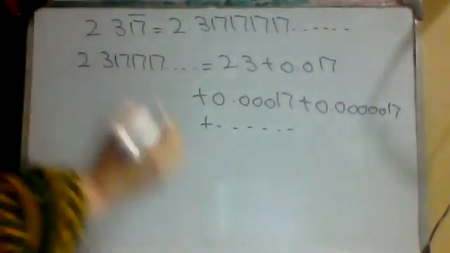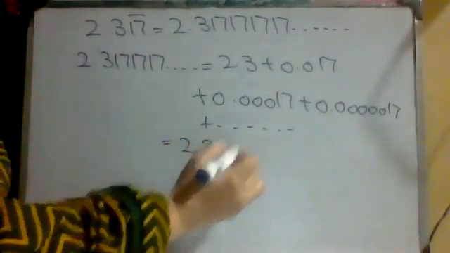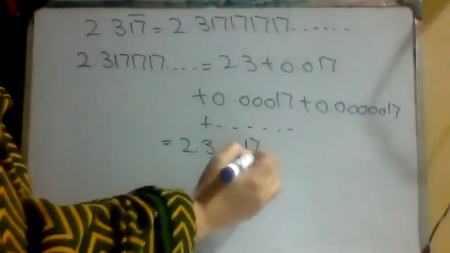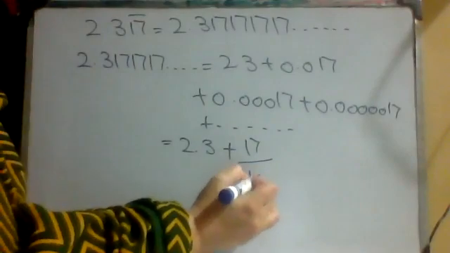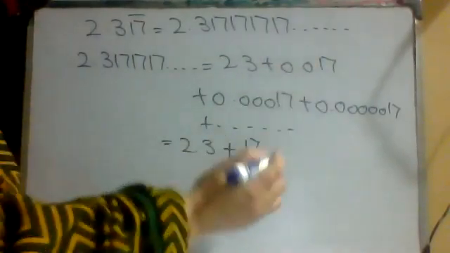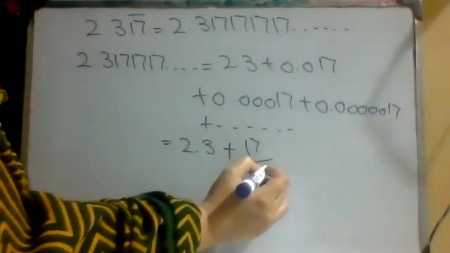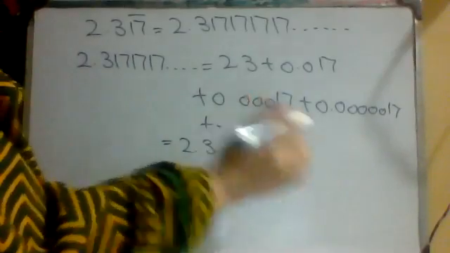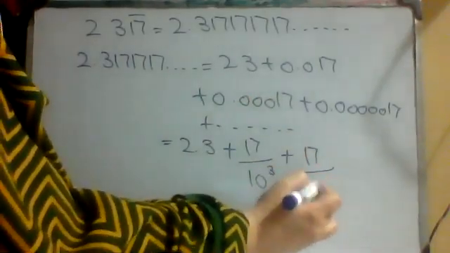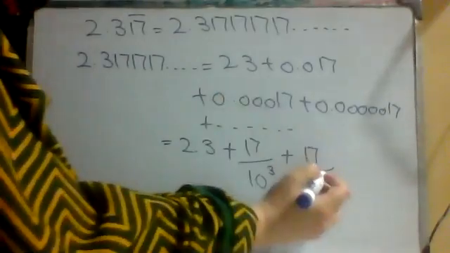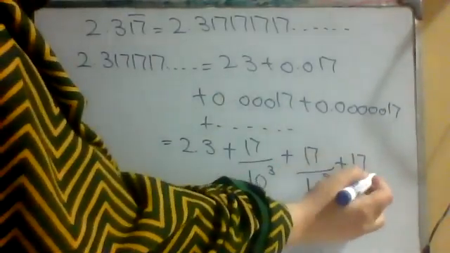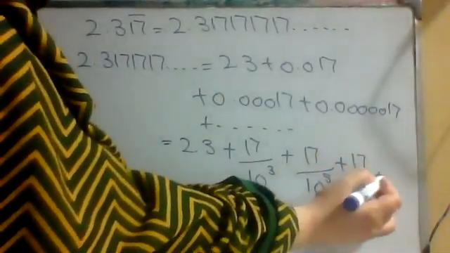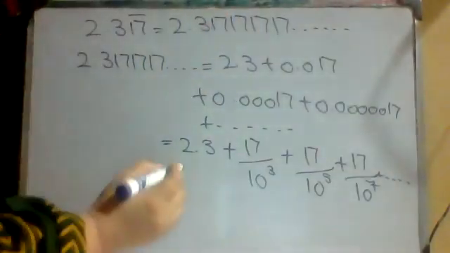Now I will write it as 2.3 plus 17 over 10 cubed, that is 1000, plus 17 over 10 power 5 plus 17 over 10 power 7 and so on.